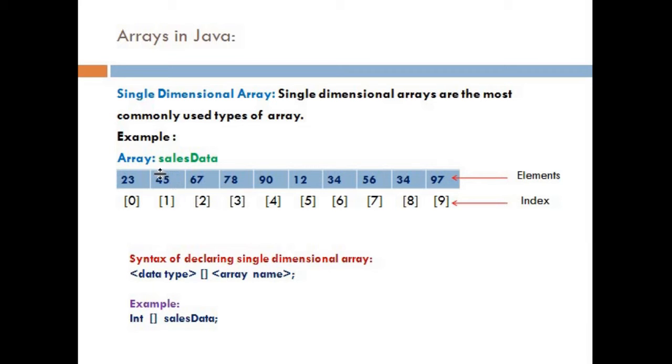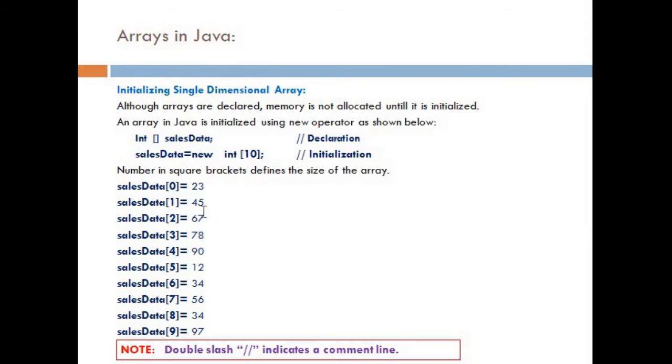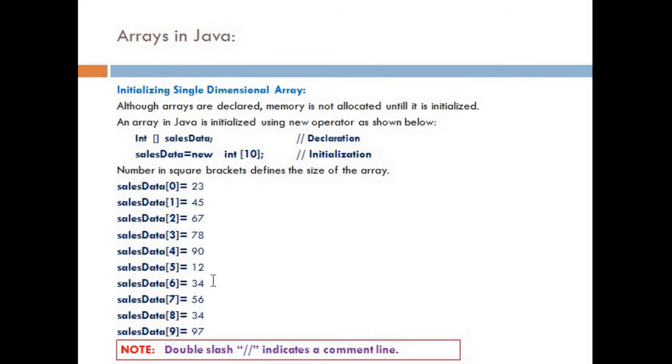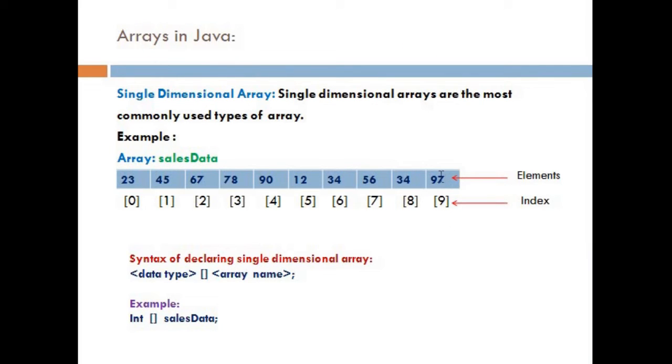At the index 1 you can see the value 45. The third value 67 has been assigned to the array variable sales data at the index 2, and this is shown here. At the index 2 the value assigned for the array is 67. And in the similar way, all these values are assigned to the array variable sales data at their respective index locations. Now the last element 97 is assigned to the array variable sales data at the index 9, and this is shown here. The last value 97 is stored at the index 9.